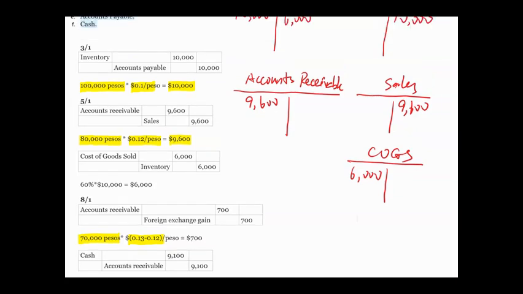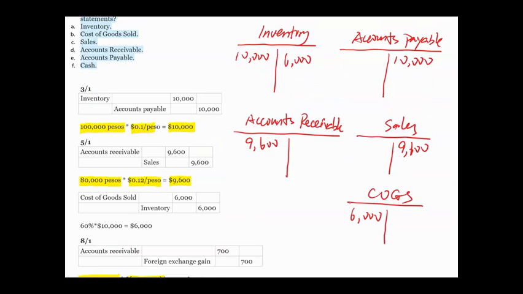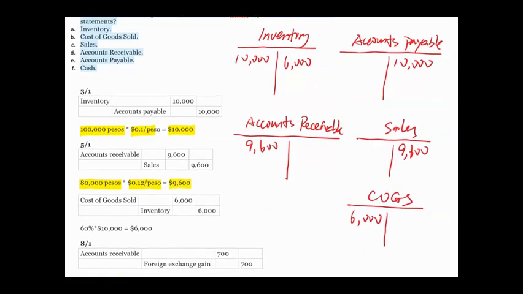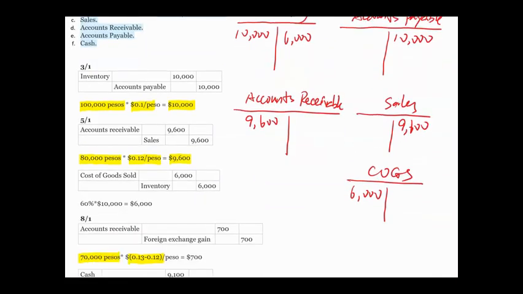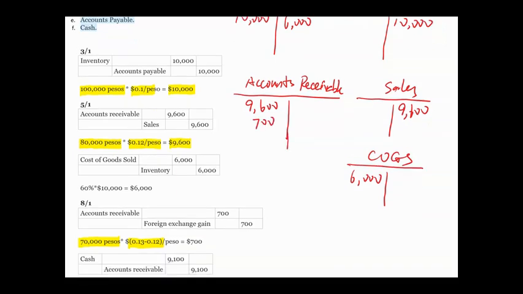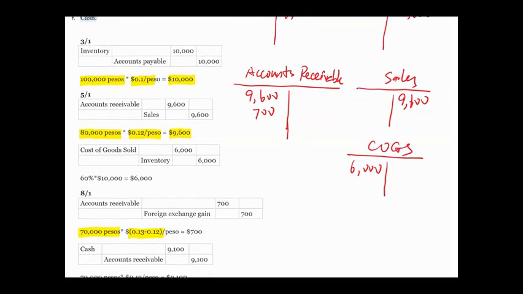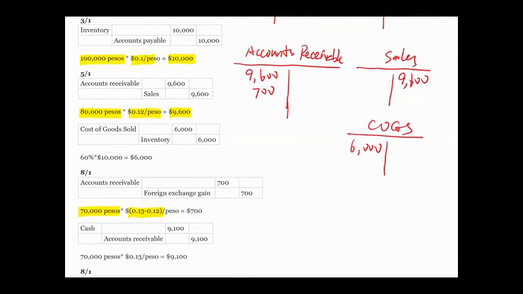So in this journal entry, we debit accounts receivable 700. Okay, so debit 700. That's the first entry, to recognize how much the value increased. The second journal entry is to debit cash and credit accounts receivable.